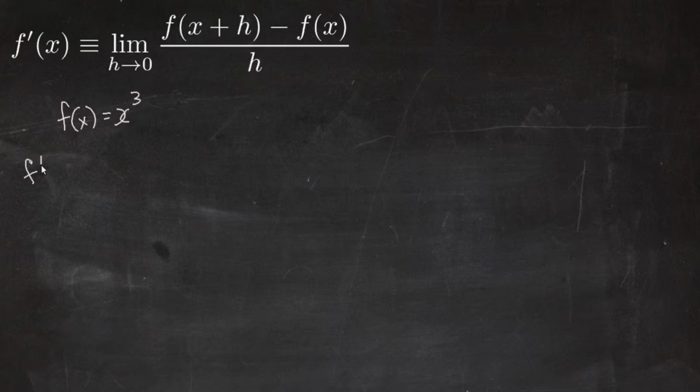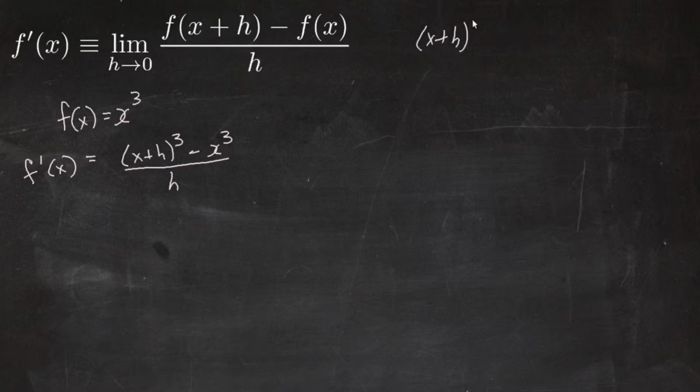So then the derivative will be f of x plus h, so that's x plus h cubed, minus x cubed, all divided by h. So this does not look like fun to multiply out. X plus h cubed. Well, I know that's x plus h times x plus h squared, and I already found x plus h squared.